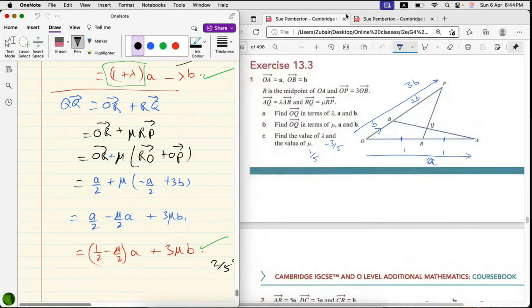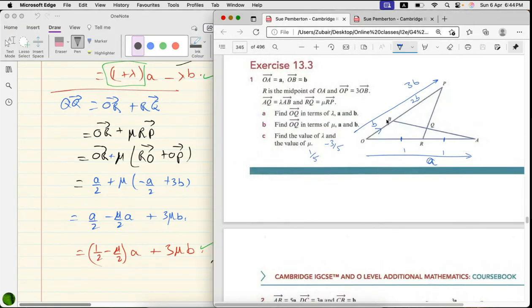There's a typo in the marking, so these are both correct.